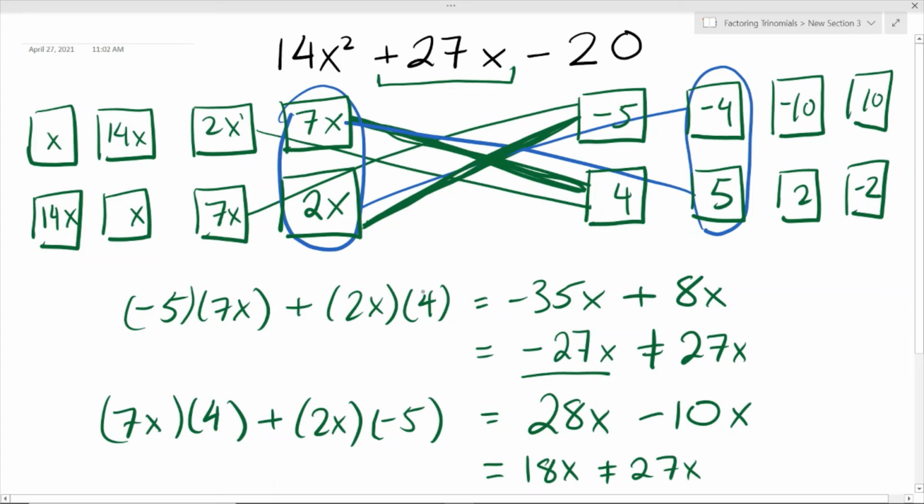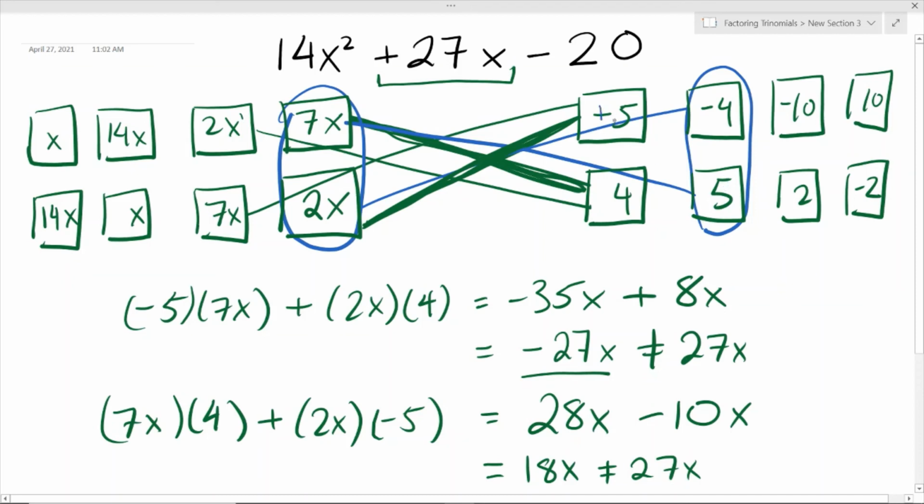We could have judged it from here and been like, oh, -27x, quite similar to 27x, the middle term, because there's just a negative here. So we could have looked from there and altered the signs. We could have made this -5 positive and made this a negative, just like we did here.